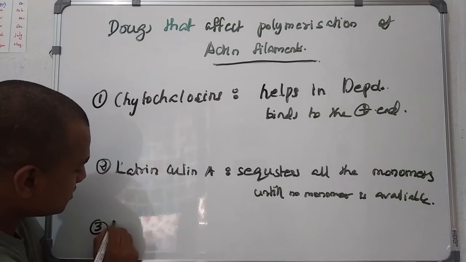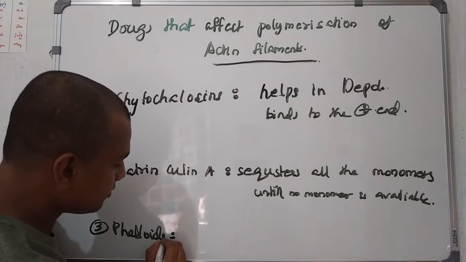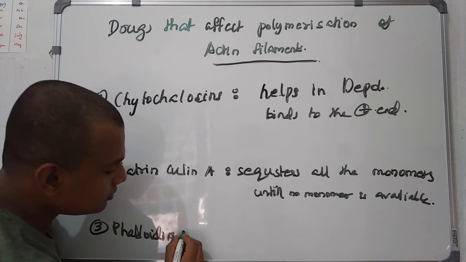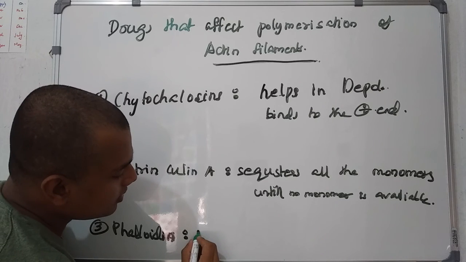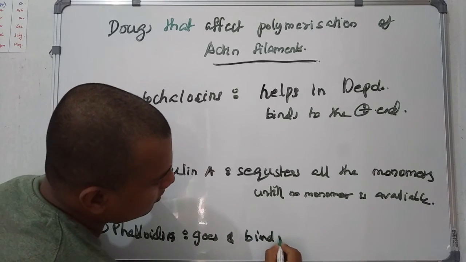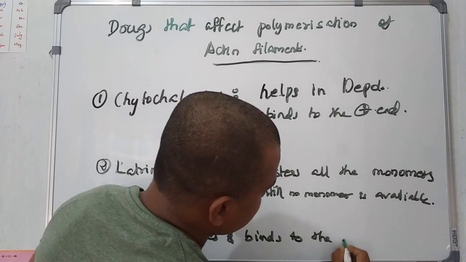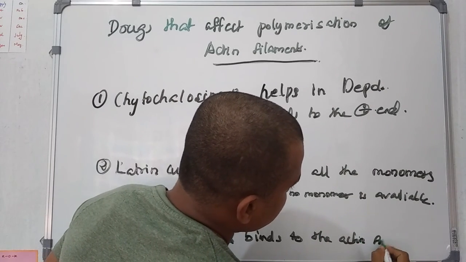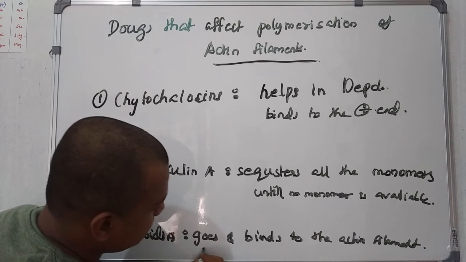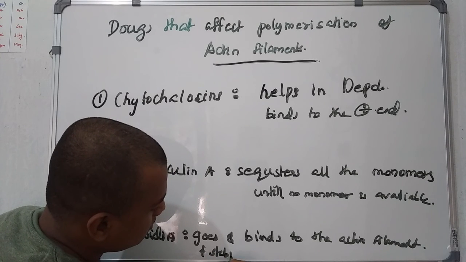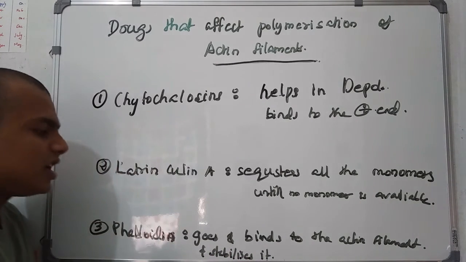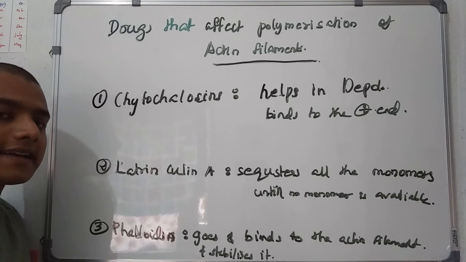And the third one is phalloidin. What it does is, it goes and binds to the actin filament and stabilizes it, which means it does not allow depolymerization of the actin filament.